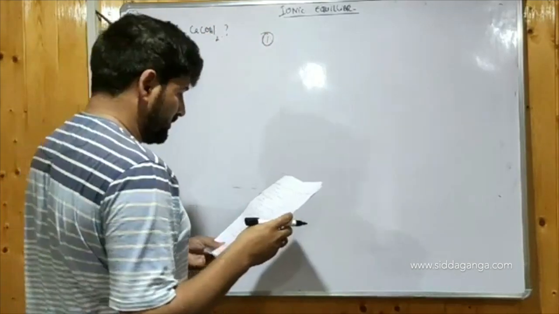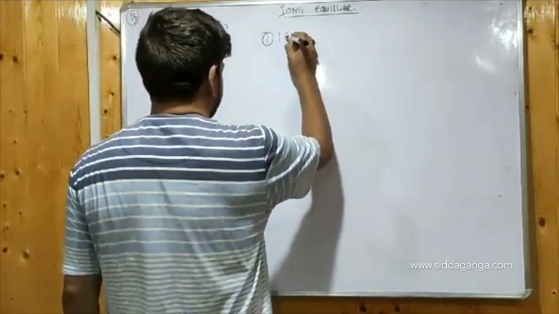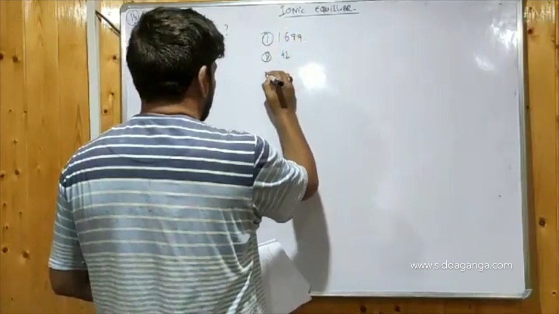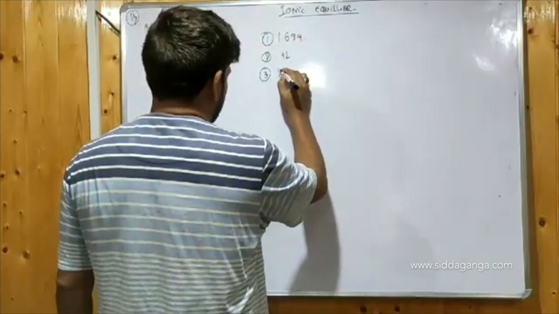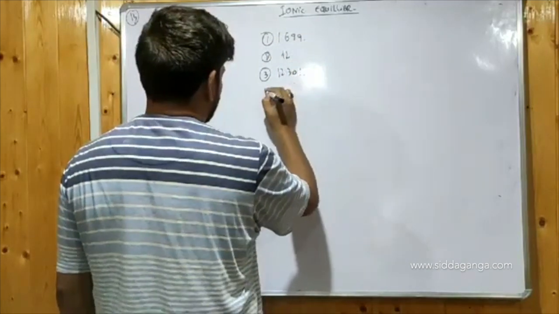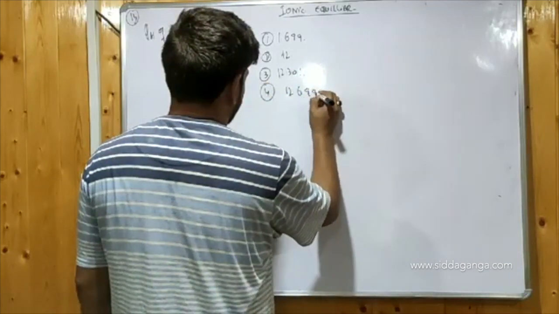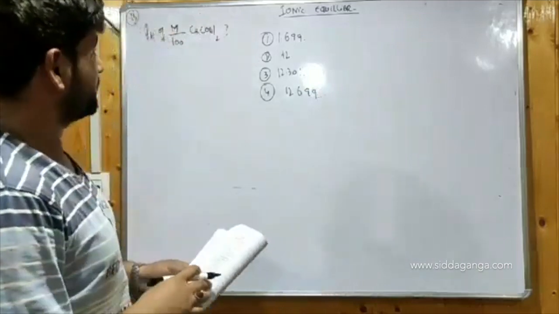Options are: option 1 is 1.699, option 2 is 12, option 3 is 12.301, and option 4 is 12.699. We have to find out pH, right?